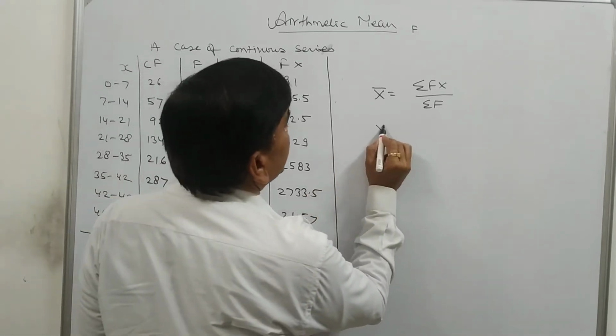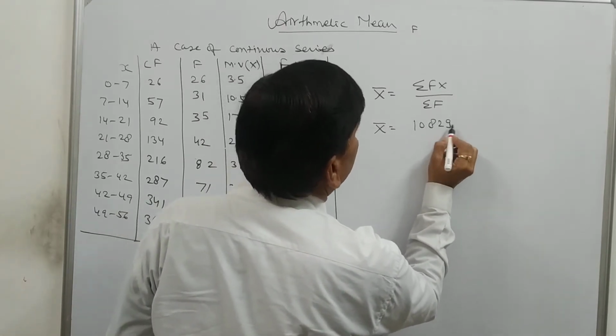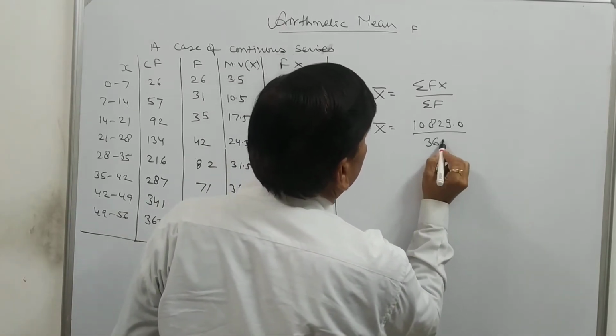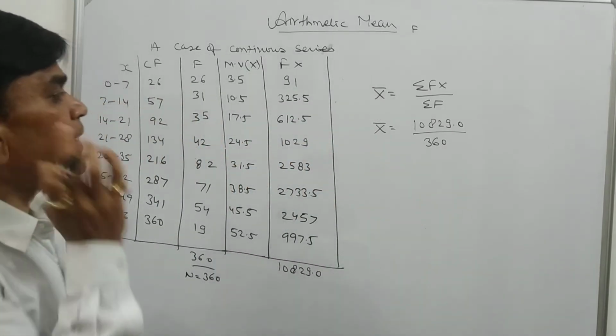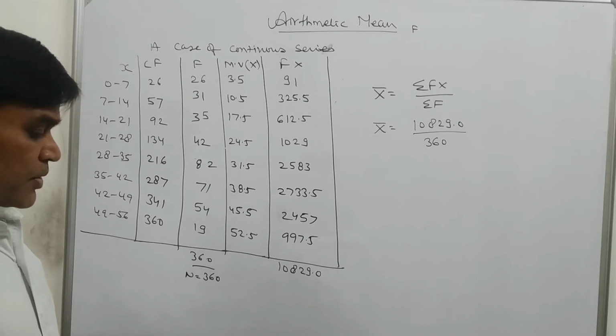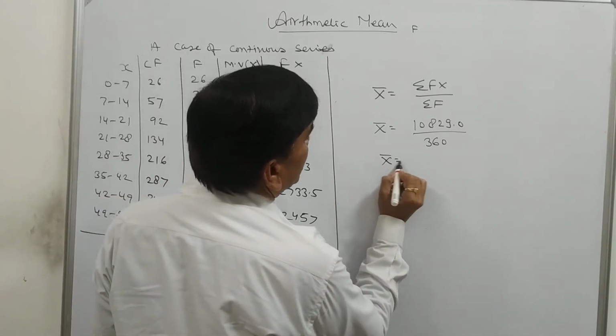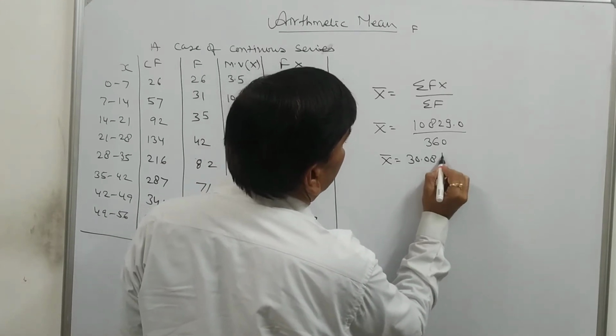So x bar is equal to 10829.0 divided by 360. We divide 10,829 by 360 and we get the value 30.08. So the value of x bar is equal to 30.08.